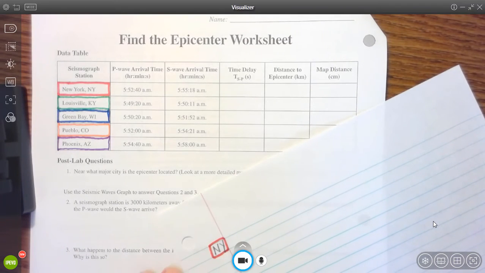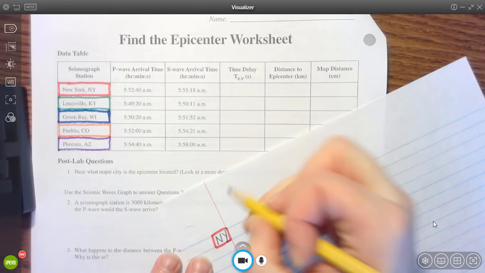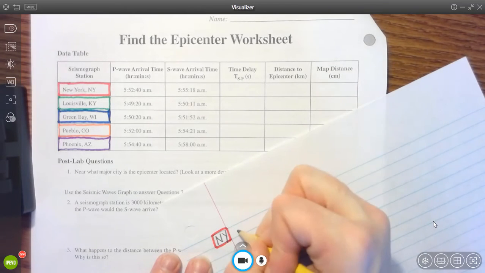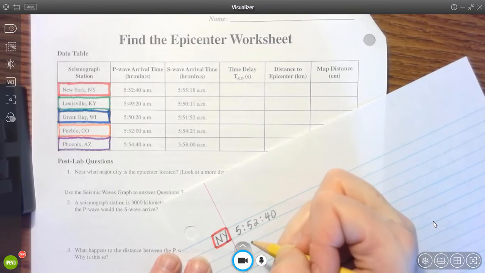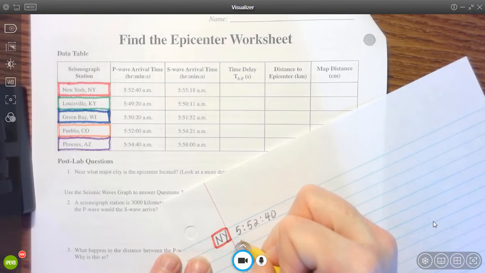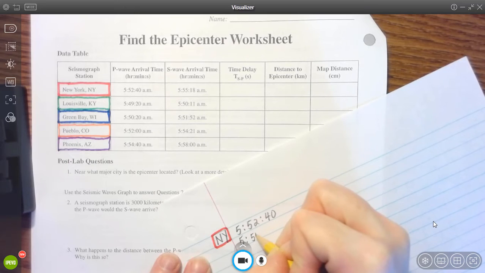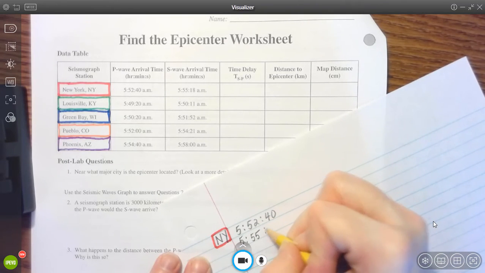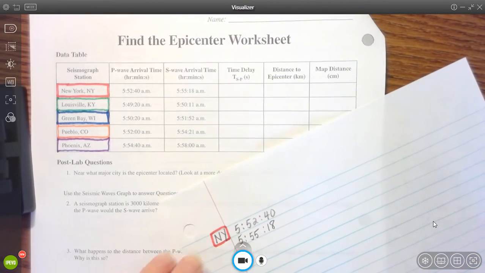The P wave arrived at 5:52 and 40 seconds. And then the S wave arrived at 5:55 and 18 seconds.